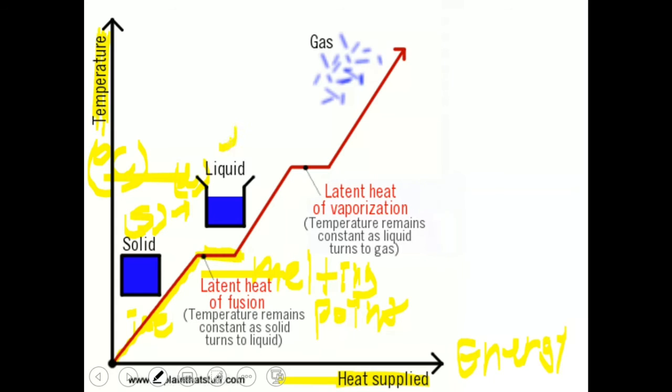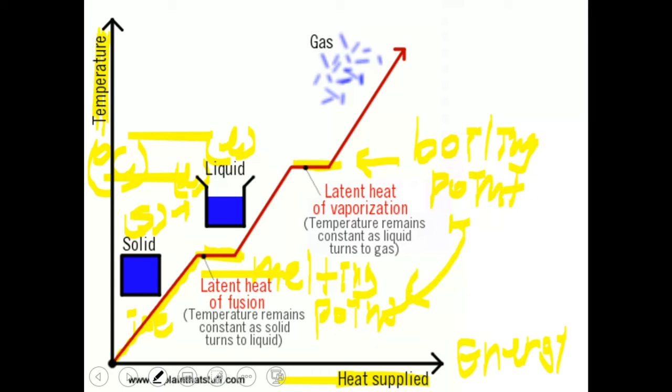But once it is fully liquid, it's going to heat up again. Again, there is a part where the temperature doesn't change even though heat is being absorbed, and that part is what we call the boiling point. During these two stages, I want you to write one thing: temperature change is not observed.